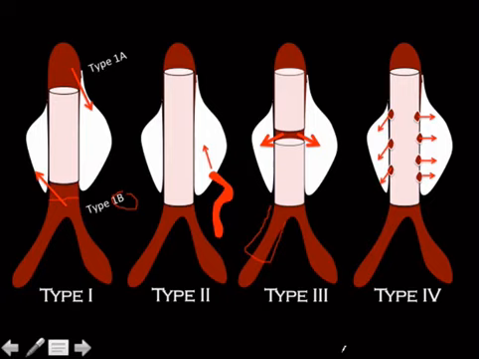And type 4 is the pore, type 4 pore, and this is really historical, but the material that they used to make these things out of had some element of porosity, and they would leak.